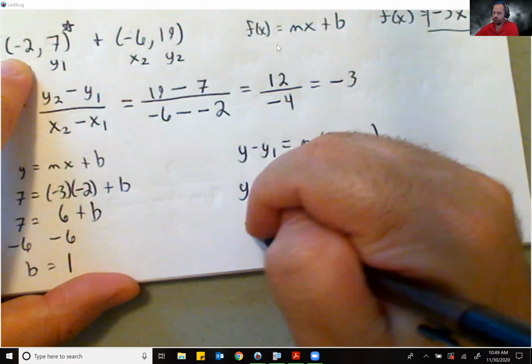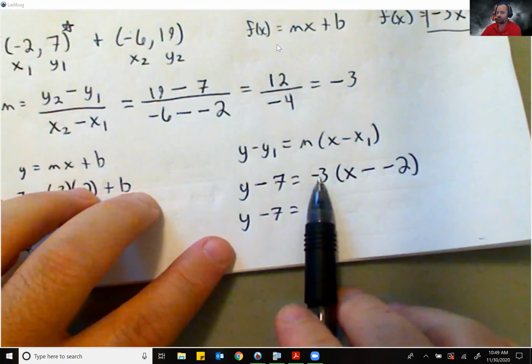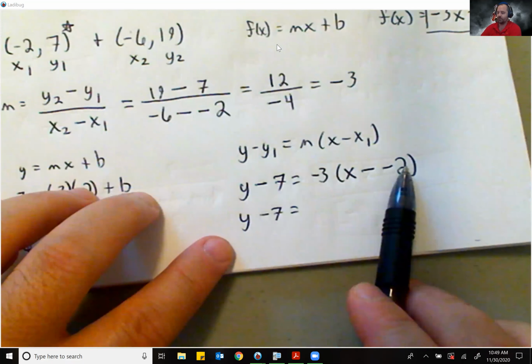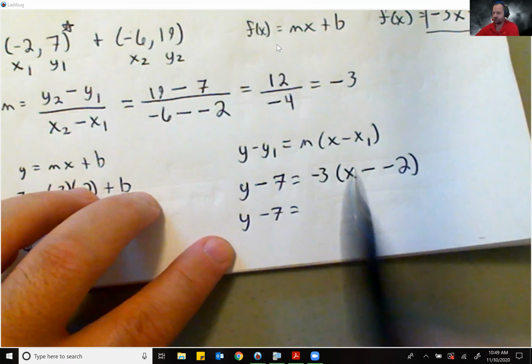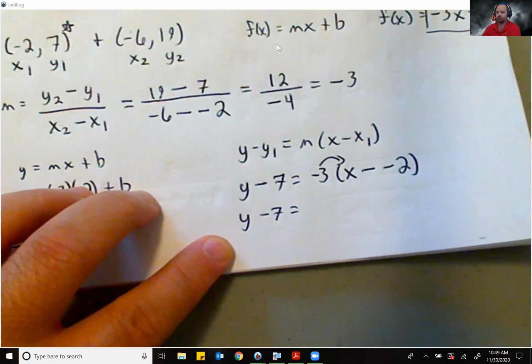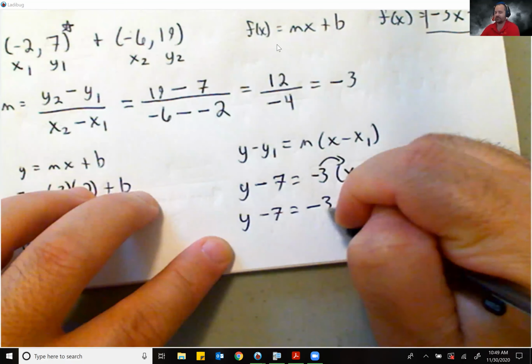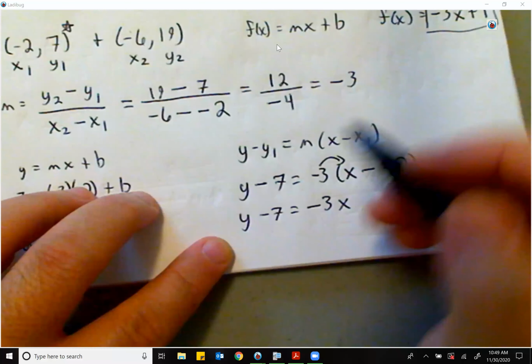Okay, so y minus 7 equals, we're going to distribute the -3 through the parenthesis. So what's -3 times x? -3x, and then we're going to get to that.